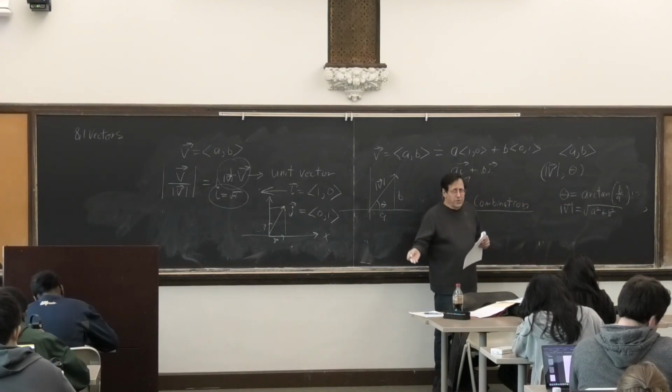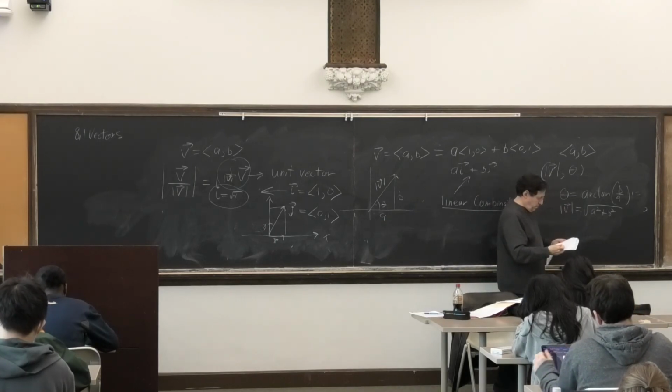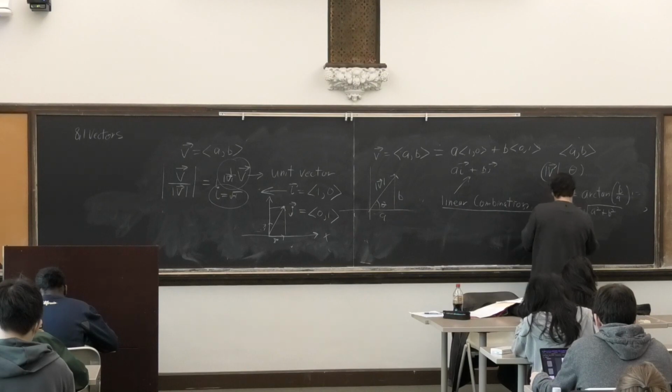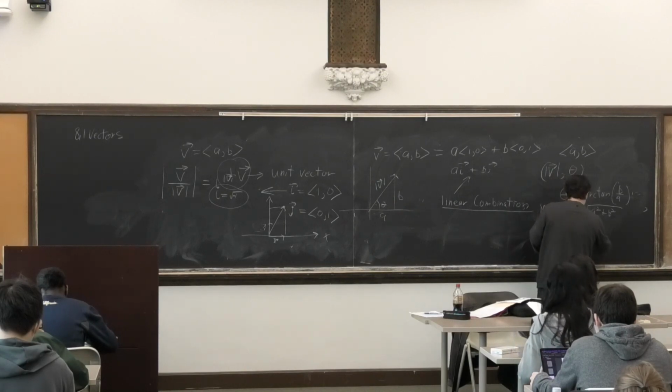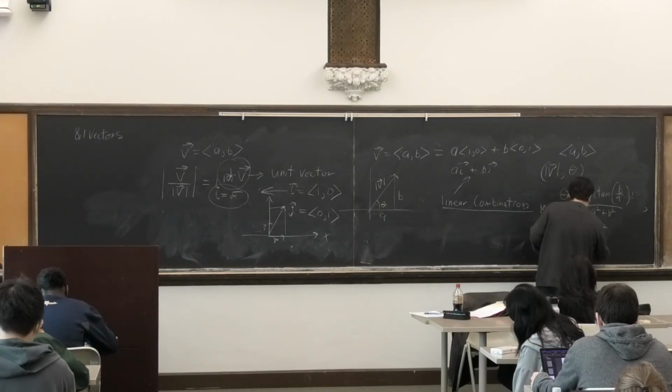If we want to go in the other direction, we want to start with theta and the norm. Let's call this m for magnitude. Then we would have a equals m cosine theta and b equals m sine theta.